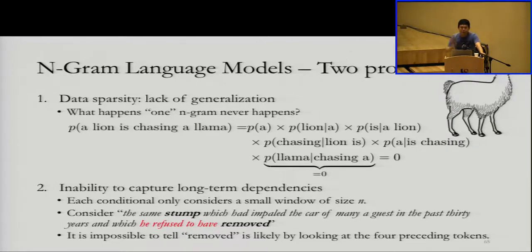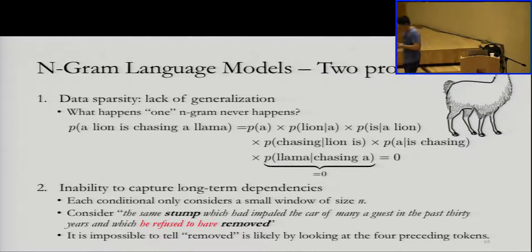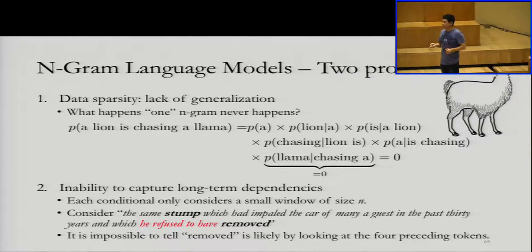Now let's say I want to compute the probability of "removed," the last token. If I use a 4-gram language model, looking at the 4 previous tokens, then it's very unlikely that I'll be able to tell that "removed" is the one that has to be there. It's very difficult.